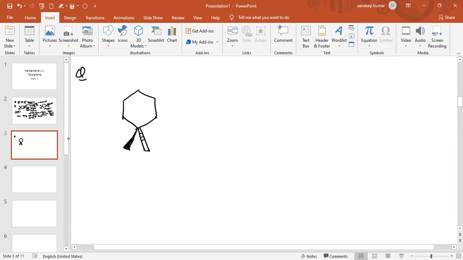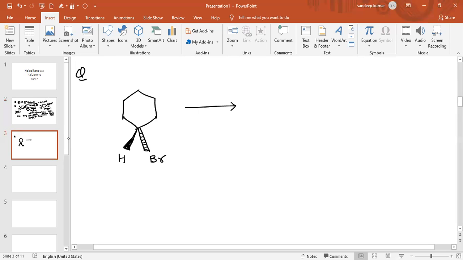This one is the dash bond. At this position there is H, at this position there is Br, and at this position there is Br, and the reaction takes place.